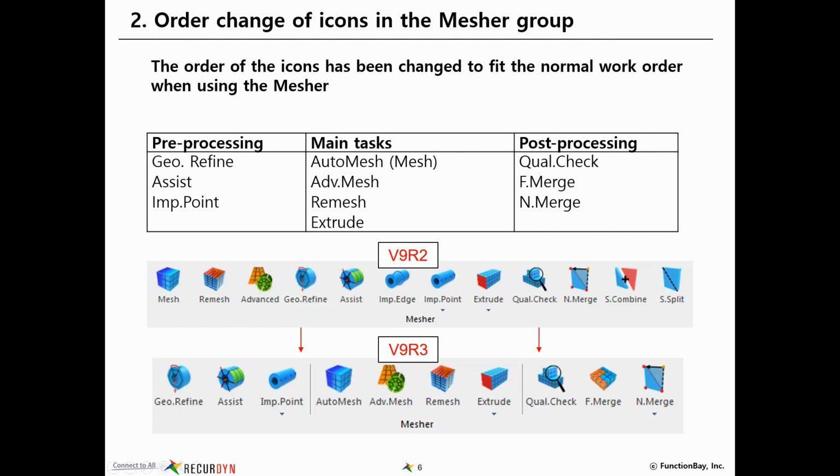Then you'll go through your mesh process, go through some processes of actually refining your mesh, and then you can check what your mesh looks like, do things like merge multiple flex bodies. So the typical process is now left to right rather than looking for the icons individually.